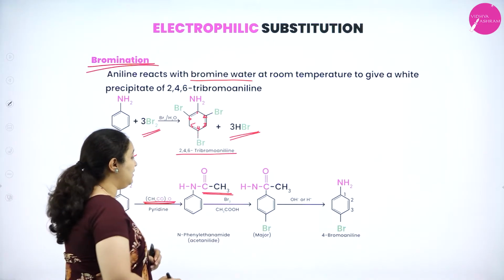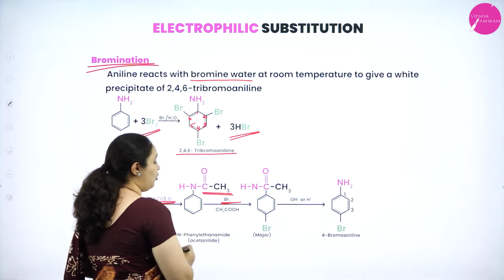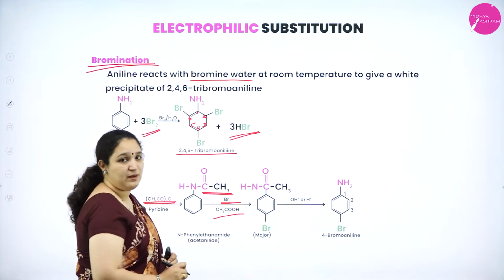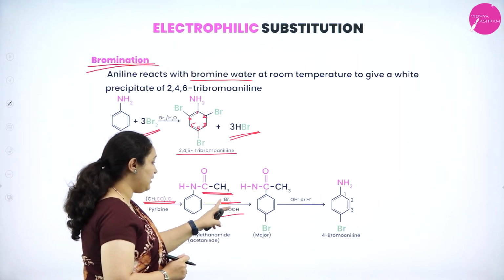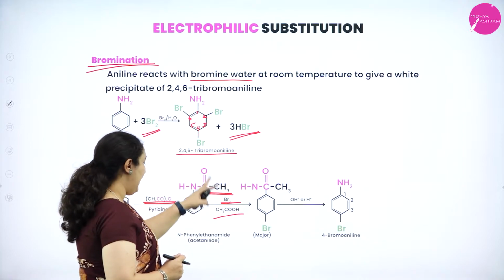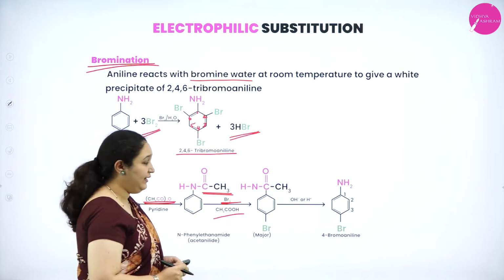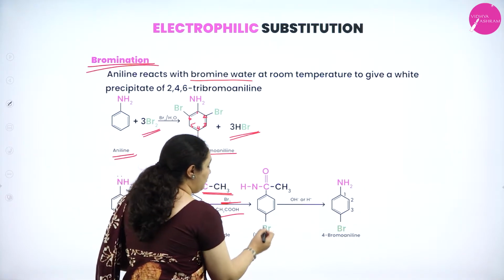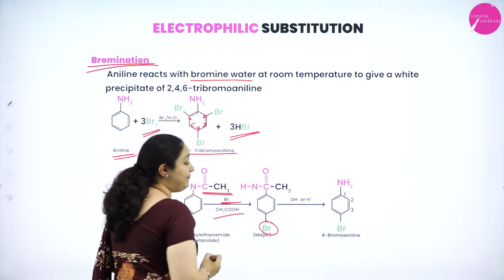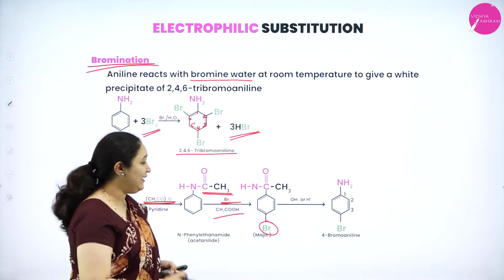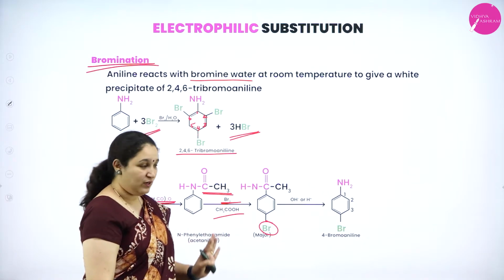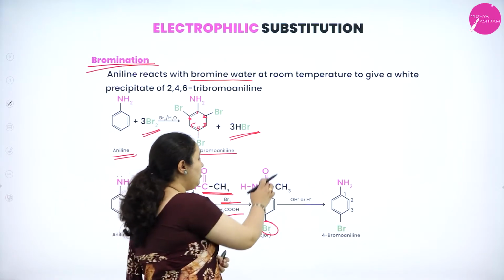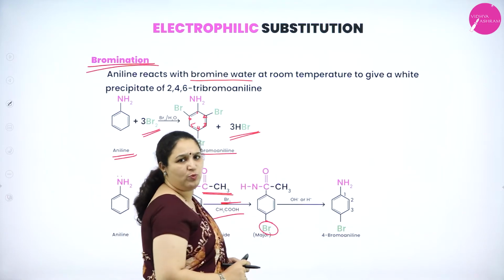Now you treat this with bromine. So what will happen in the presence of bromine? This N-phenyl ethanamide will undergo a reaction in which bromine will come to the para position. Only in the para position will the substitution happen. Further, I don't want this group, I want the NH2 group only.